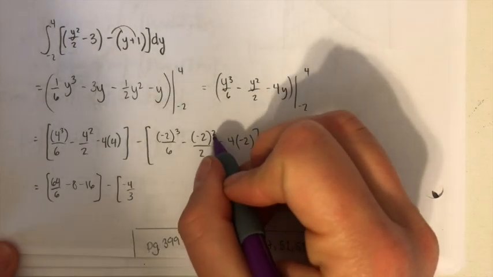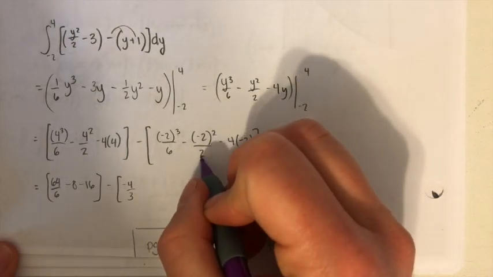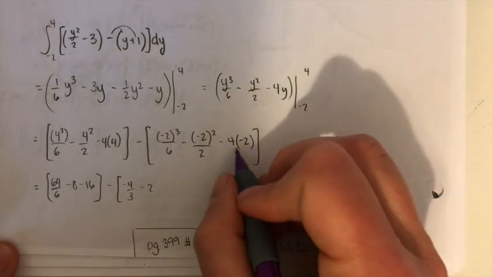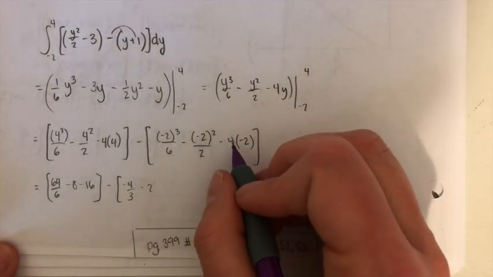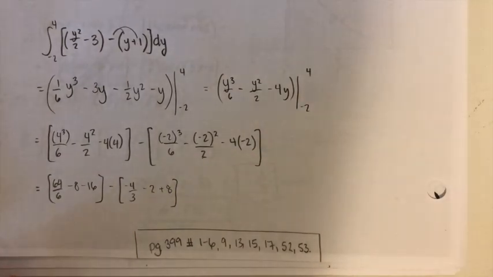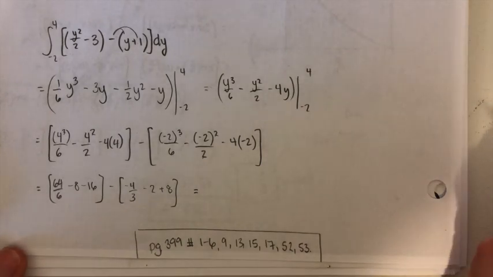And then -2 squared is 4 divided by 2 is 2, and it's negative. And then this one is a +8. Okay, so we add all of those things up.